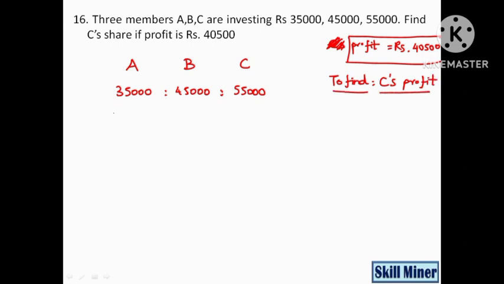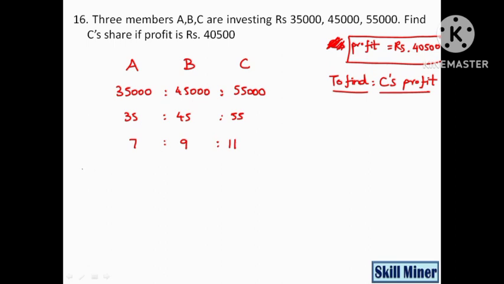Now we can find the investment ratio. 35 is to 45 is to 55. In the fifth table, 5 sevens are 35, 5 nines are 45, 11 fives are 55.